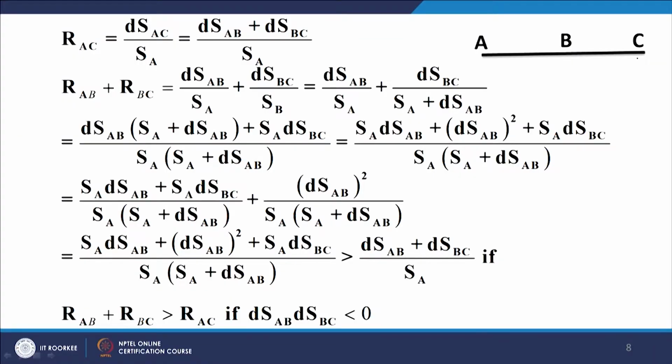This is a description of what I have just explained.